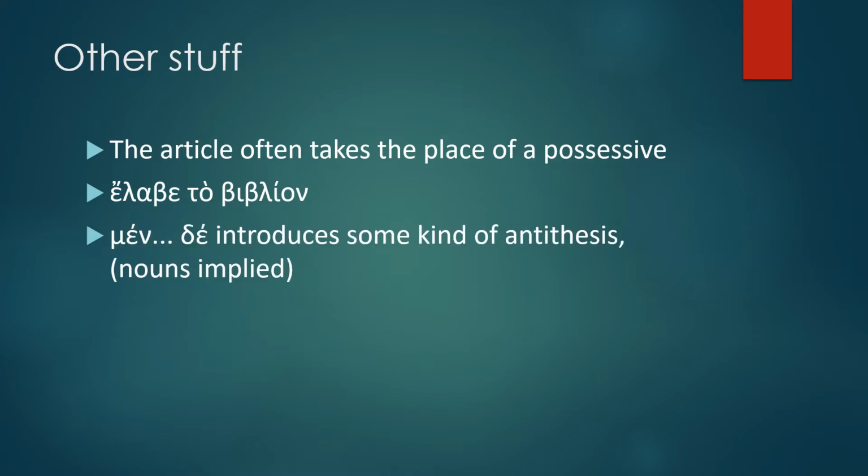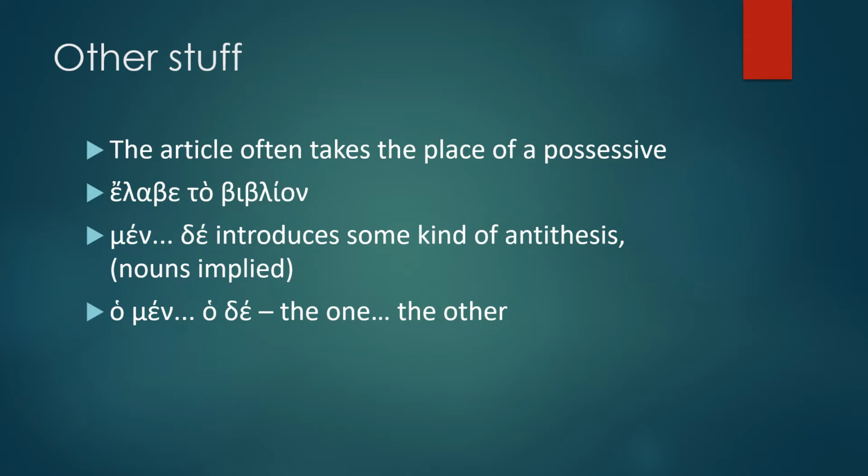There's also a men-de construction, which introduces a kind of antithesis. So on the one hand, then on the other, men on the one hand, de on the other. Ho men, ho de. There isn't a noun explicitly stated here, but ho, if you remember from the example, hoi nun, the men of today, ho has a lot of information in it.